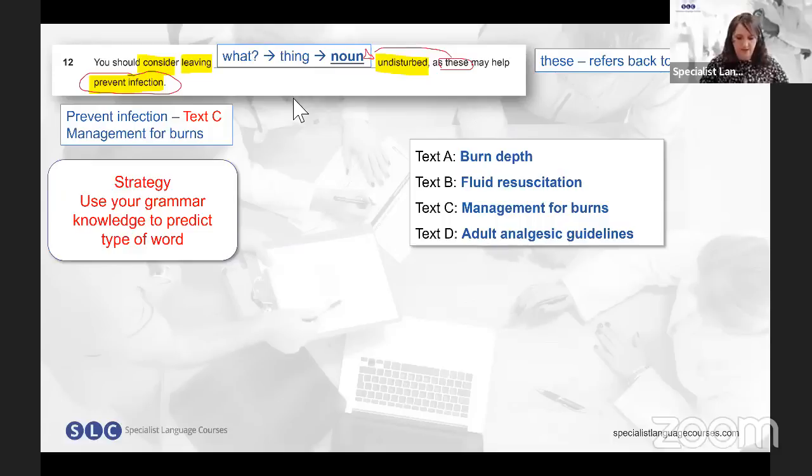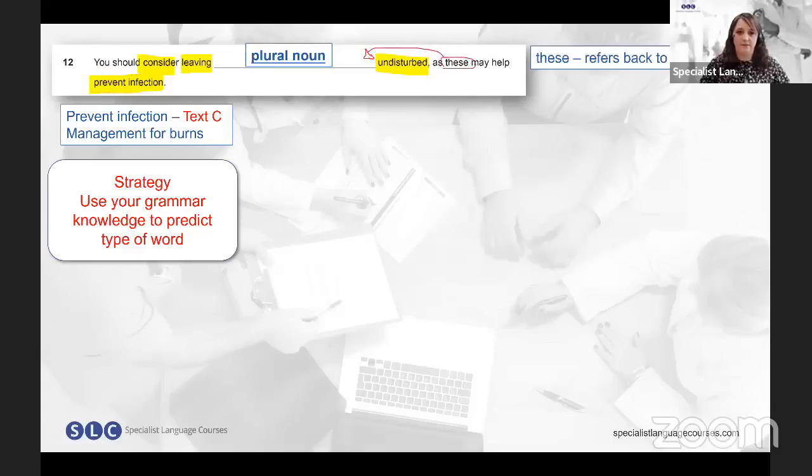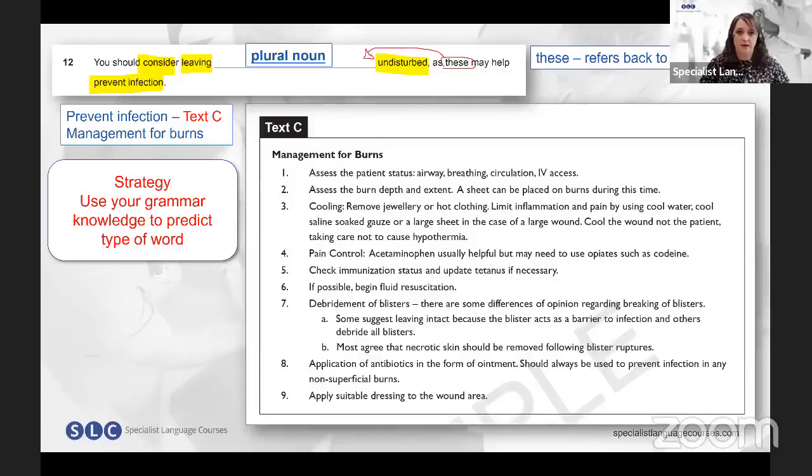All right. So let's take a look at our text. All right. So you've got your text. You should consider leaving undisturbed, as these may help prevent infection. So take a few moments to look through the text. What plural noun can you find to go into this gap?